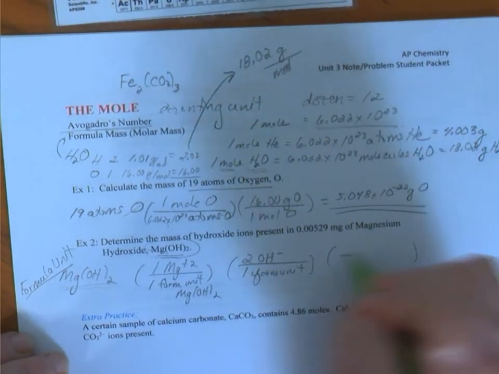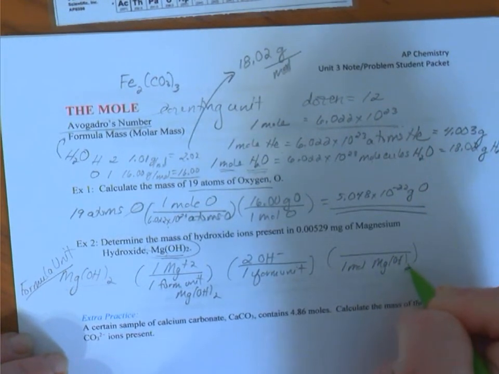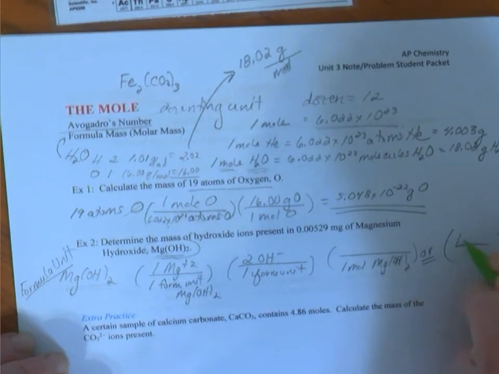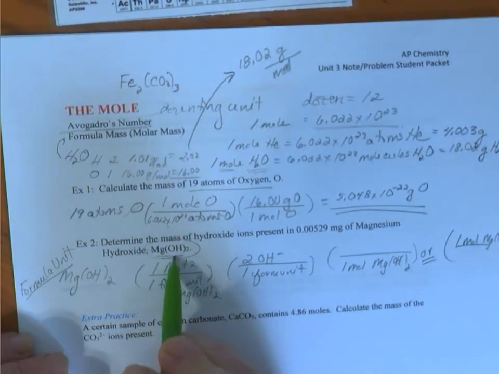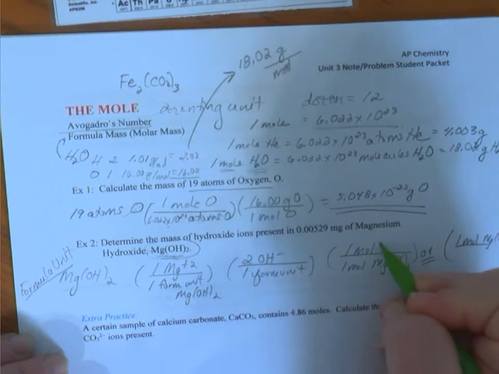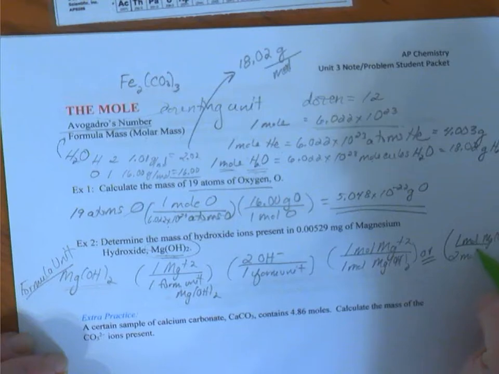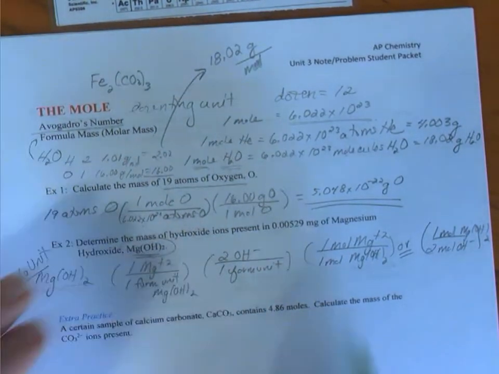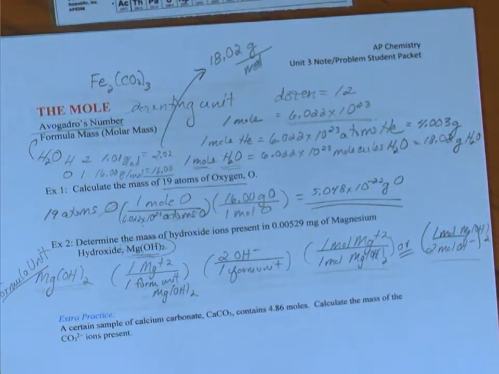If I have 1 mole of magnesium hydroxide, and I just chose to put that in the denominator, I could also put that in the numerator. 1 mole of magnesium hydroxide. Well, if I have 1 mole of this, then I would have 1 mole of magnesium plus 2, or 2 moles of hydroxide ion. So you can interpret the formula to be conversion factors as well.